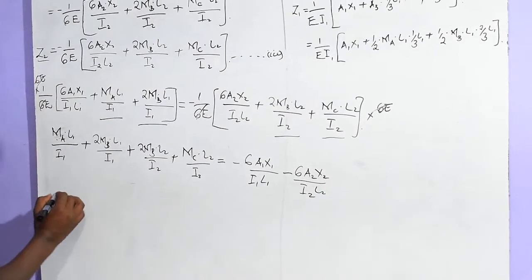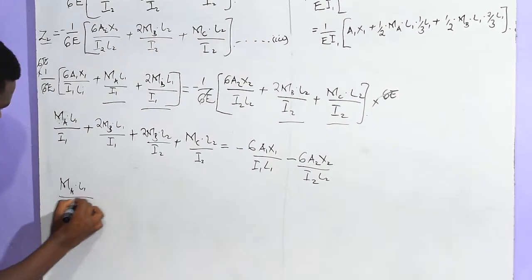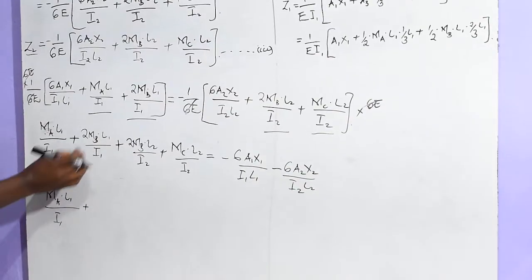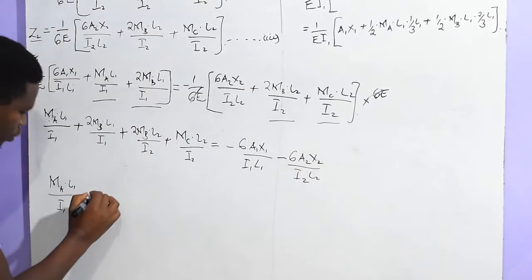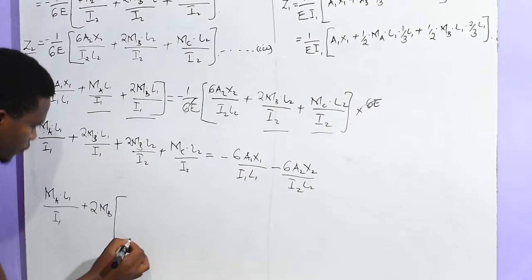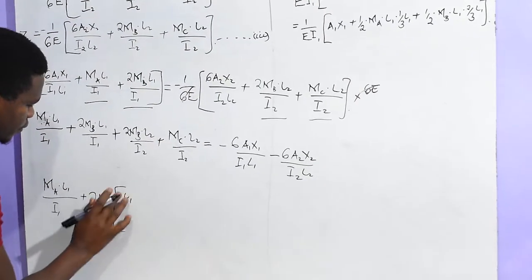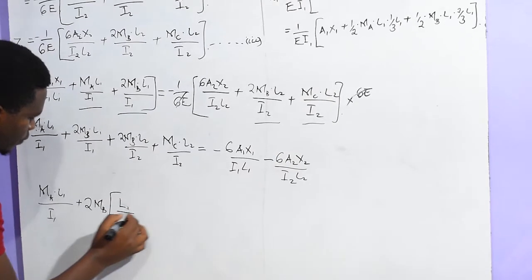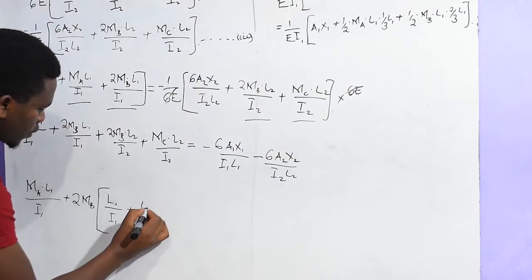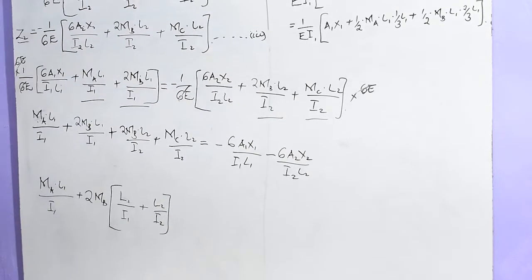So this one will be moments at A L1 all over I1, plus this one we can factor out 2 moments at B, this is L1 over I1 plus L2 over I2, like so.